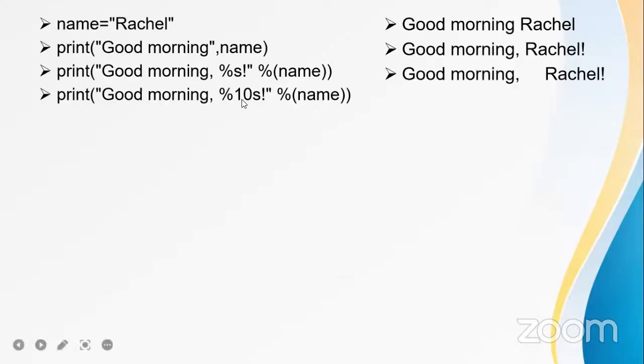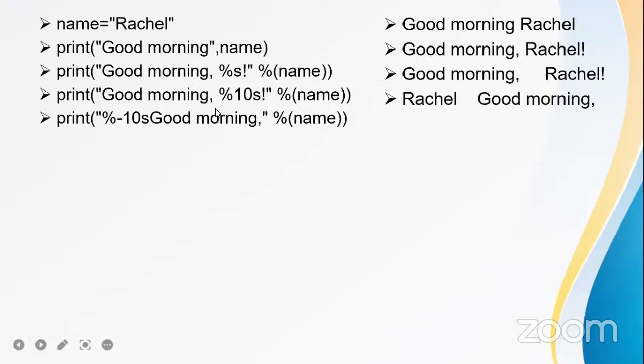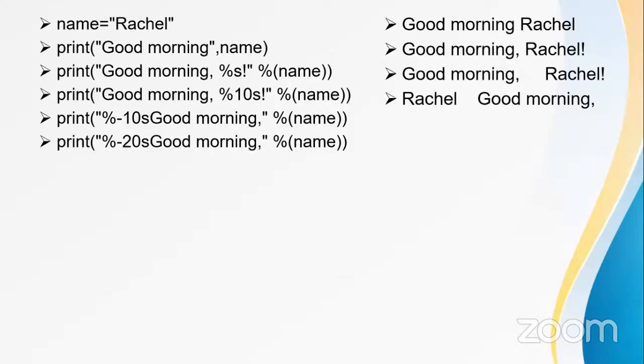When I use the 10s, the space is increased. Before, good morning; now Rachel comes first and good morning goes back. Input output formats. When I use 20s, the space will be increased.